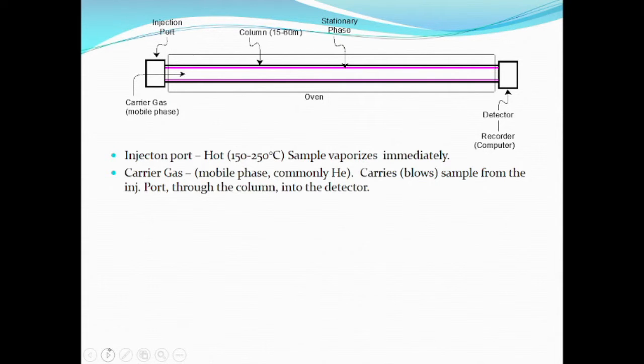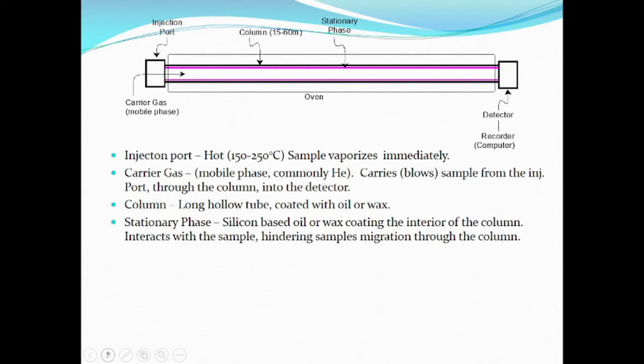the carrier gas will basically blow or carry the sample that is now vaporized into a gas from the injection port into a column. The column is essentially just a long hollow tube. It is usually coated with some oil or wax, which is referred to as our stationary phase.